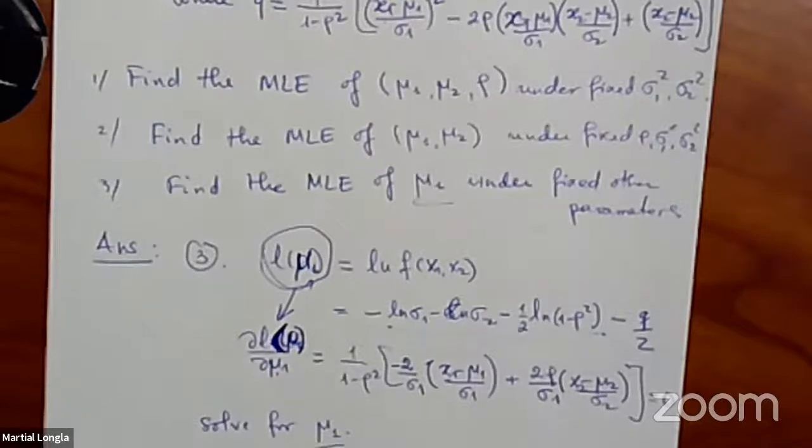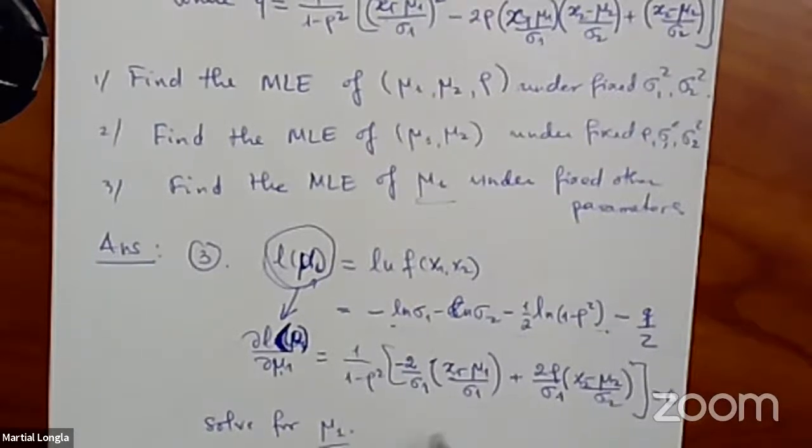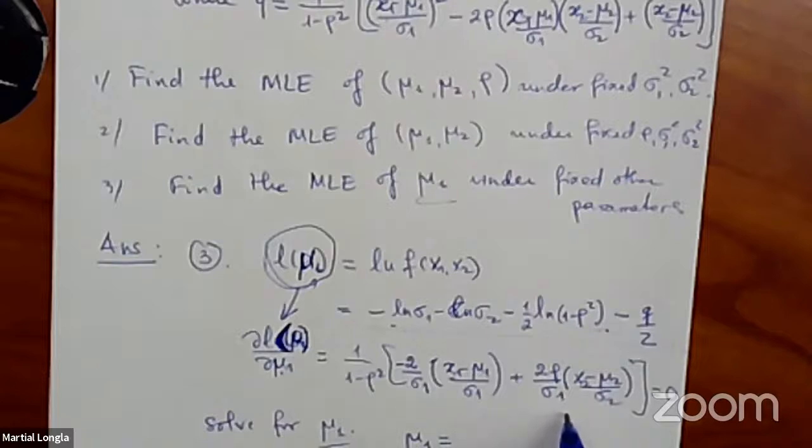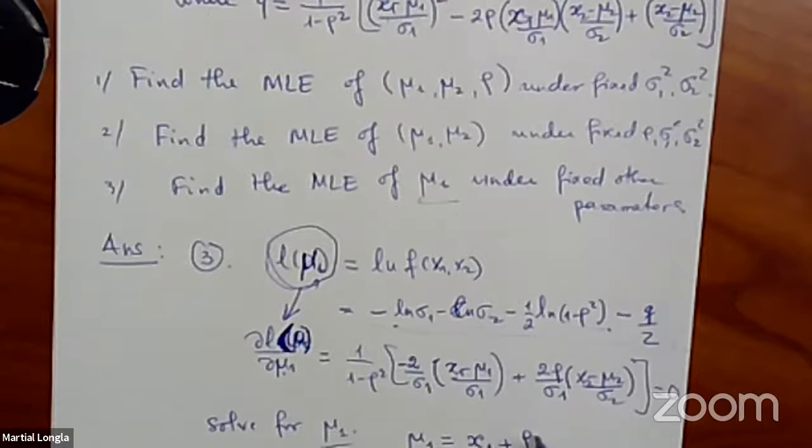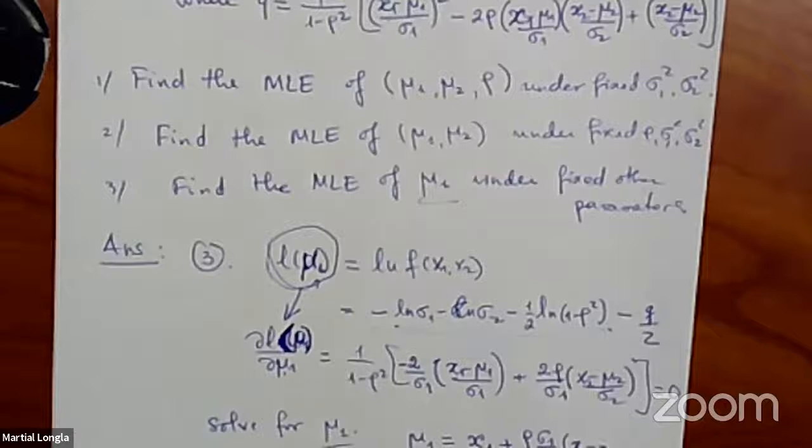Okay, solving for mu1 here is easy, right? That goes away. 2 goes away. So you get mu1 equals x1 plus sigma 1 over sigma 2 x2 minus mu2.